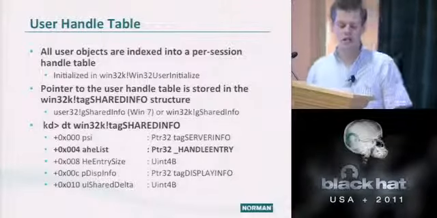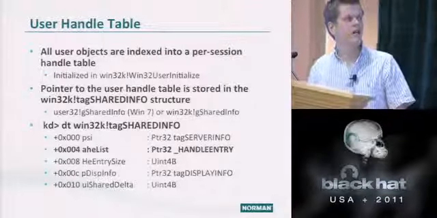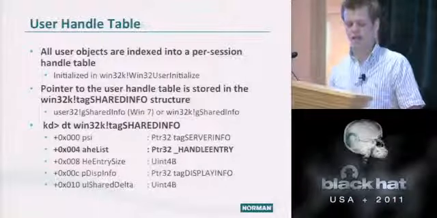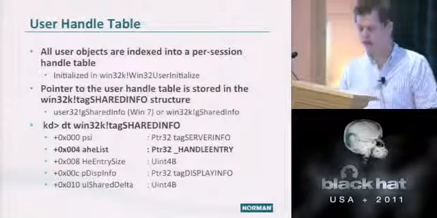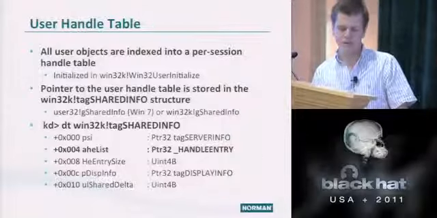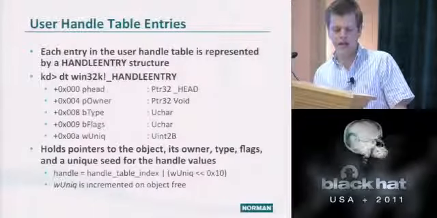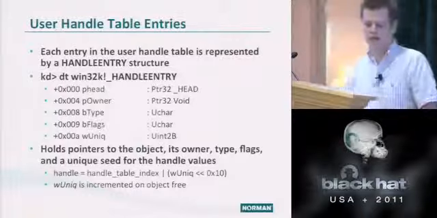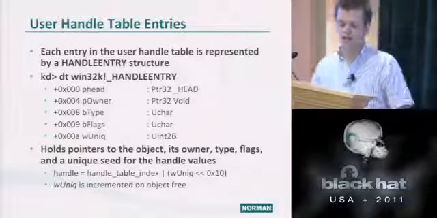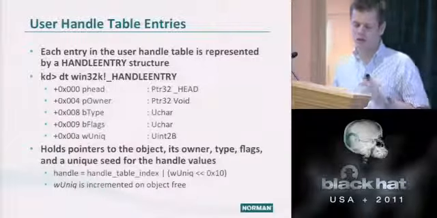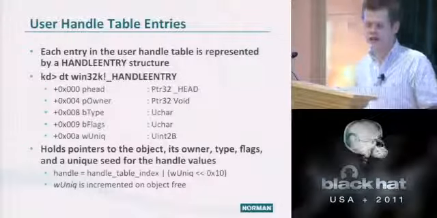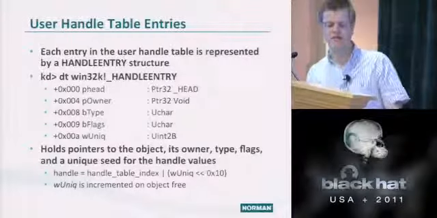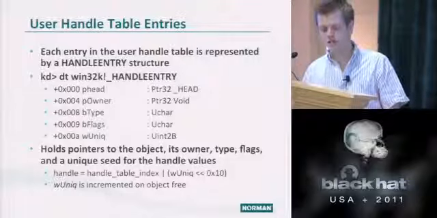So you can use the user32 DLL export gSharedInfo, and you can read the handle table from user mode. And this is also because of optimization. And each entry in the user handle table is represented by a handle entry structure. So you have a handle table with all the objects that are in use. Each of these objects is represented by this structure.